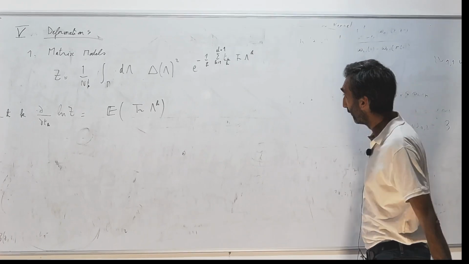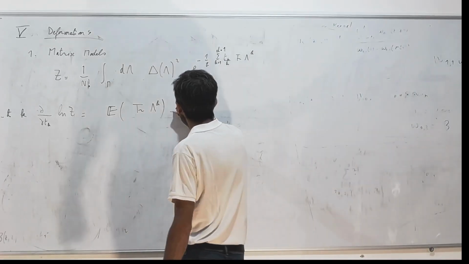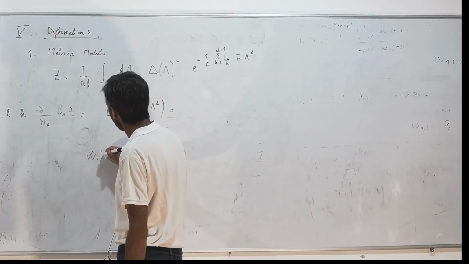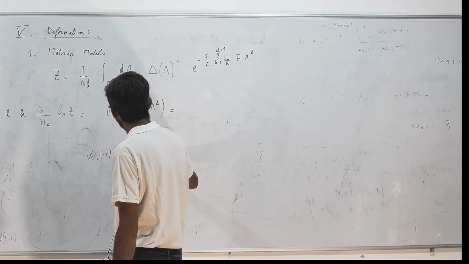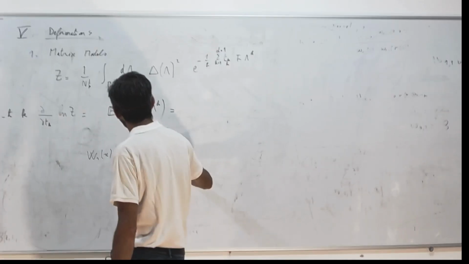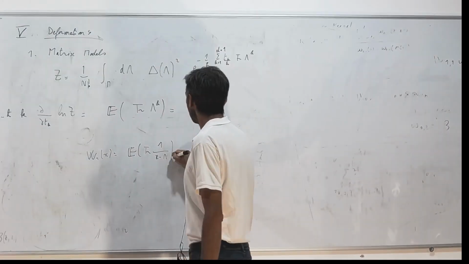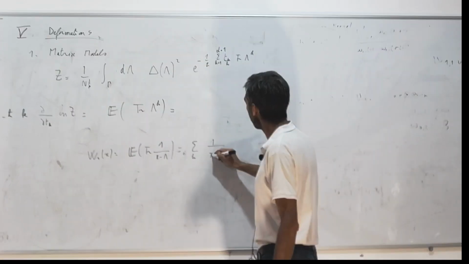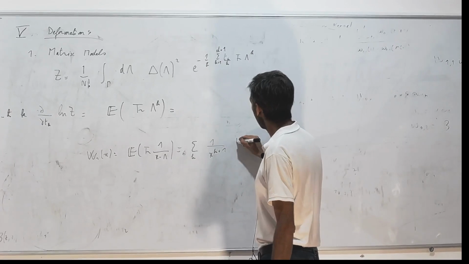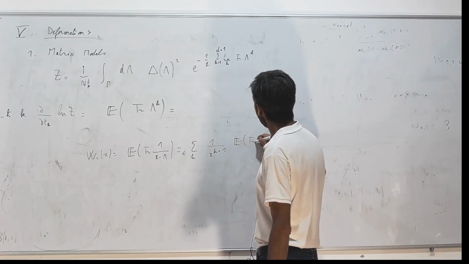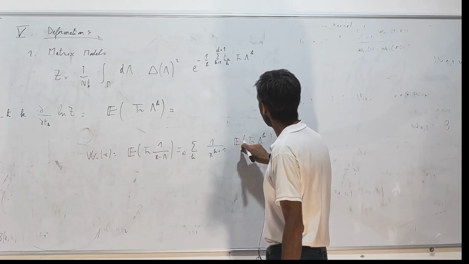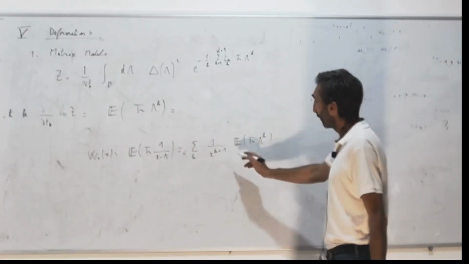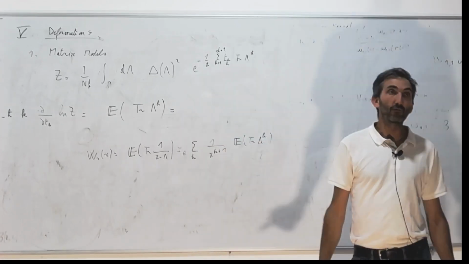And another remark is that trace of lambda k, so remember that what I called W1 of x was the expectation value. So the resolvent was the expectation value of trace of 1 over x minus lambda, which was also the sum over k of 1 over x to the k plus 1 times the expectation value of trace of lambda k. So you see that trace of lambda k is the coefficient of 1 over x to the k plus 1 in this formula.